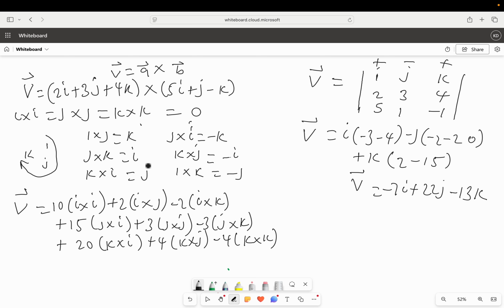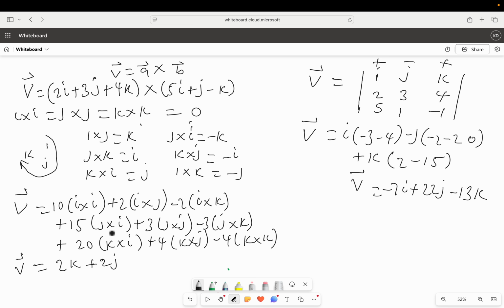So I just have to substitute this cross product. So for the first one, it is just 0, so I will neglect this one. So the second one, i cross j, is just k, so I will have 2k. Then i cross k is just minus j, so I have minus 2 times minus j, so it will just be plus 2j.